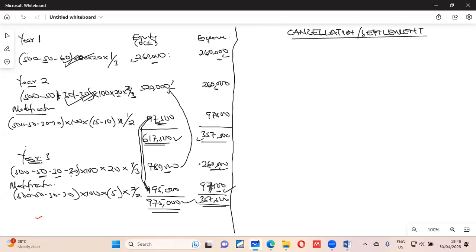So before the vesting date, because on the vesting date, there is a right and there is obligation. So before the vesting date, the entity may decide to cancel everything.